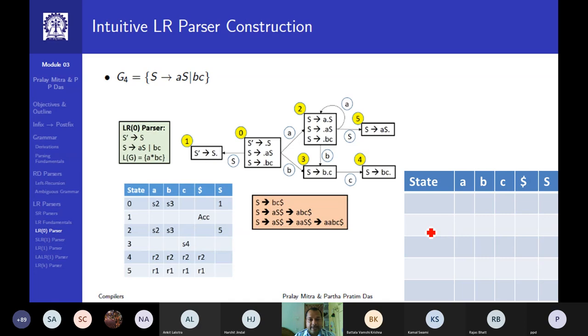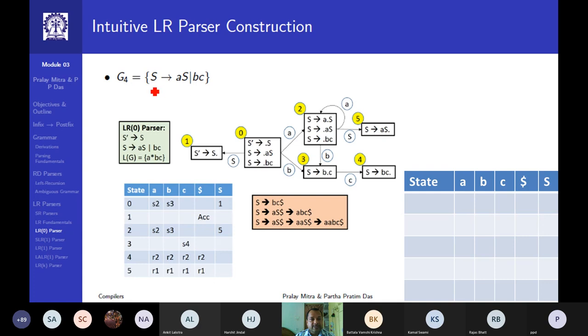Now let us make it a little more complex, grammar G4, where we have two production rules instead of one. I believe items are very much clear to you right now, so explicitly I am not going to write down the items.